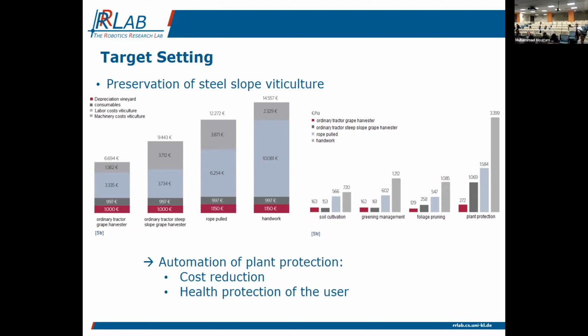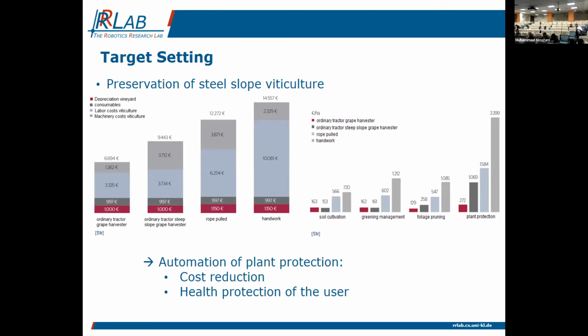Here, for example, is plant protection, so spraying agent application, and the gray part is handwork, and you see that compared to the tractor, which is the red one, it's really a huge increase of handwork, a factor of 15.